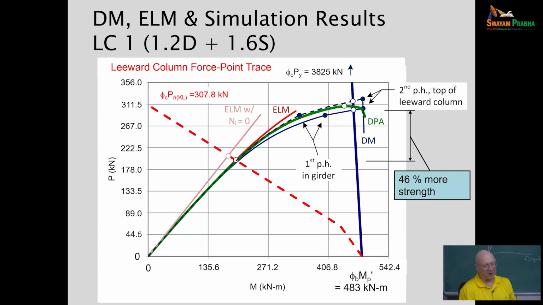All right. So now, is this okay? Well, what you can see happening, with the graphic I just pulled up here, is that the direct analysis solution would give us 46% more strength.